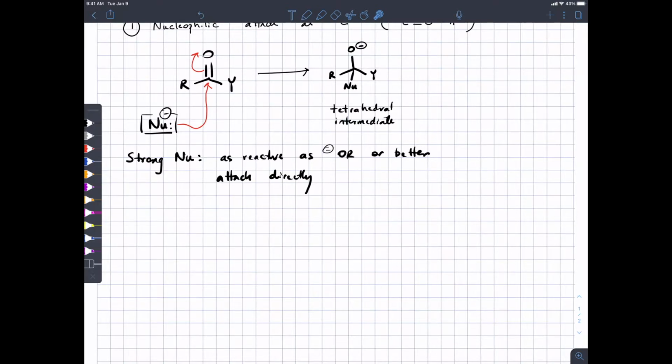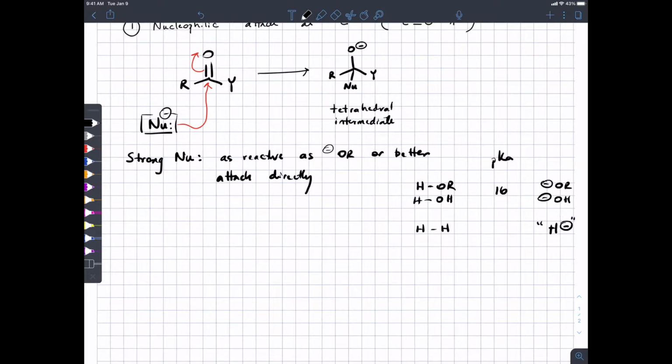If you recall, the pKa of an alcohol is around 16, and the conjugate base of the alcohol is OR minus or OH minus. So things that are stronger nucleophiles than OR minus might include something like H minus. We'll return to that a little bit later.